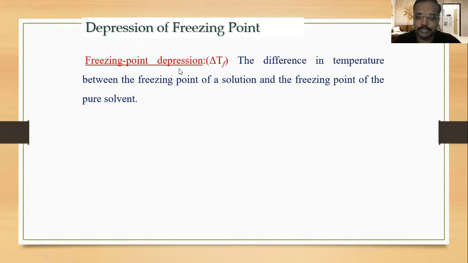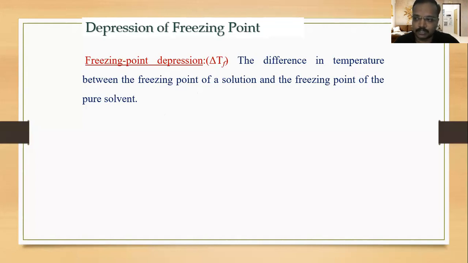That change, how much depression takes place in the freezing point, is the freezing point depression, and we mark it as delta TF, that is the change in the freezing point temperature. It is the difference in temperature between the freezing point of the solvent and the freezing point of the solution. Of course, the solvent will have a higher temperature compared to the solution.